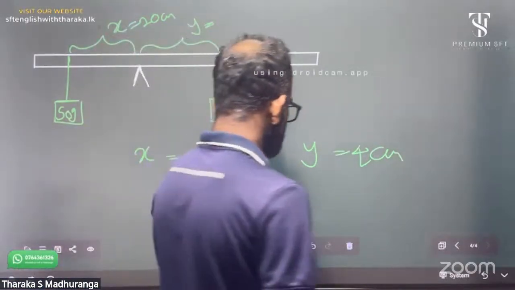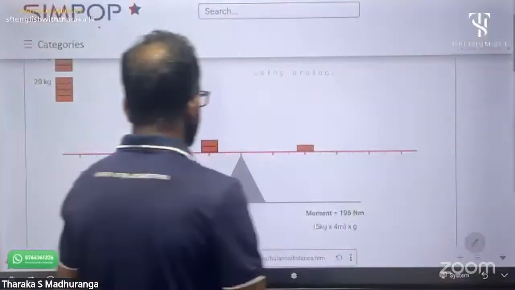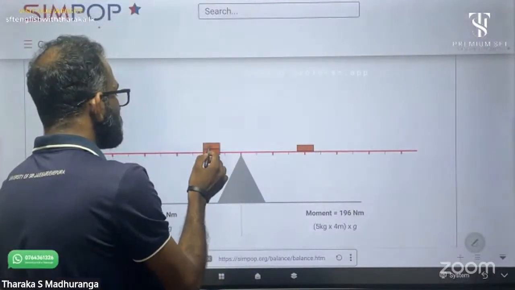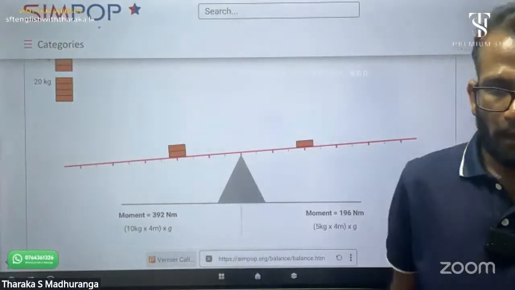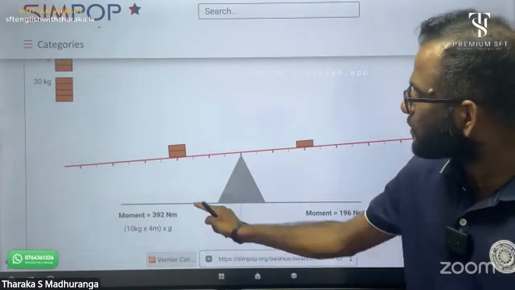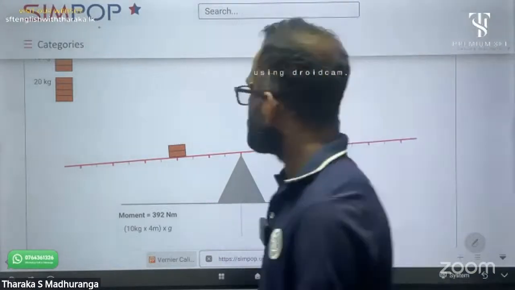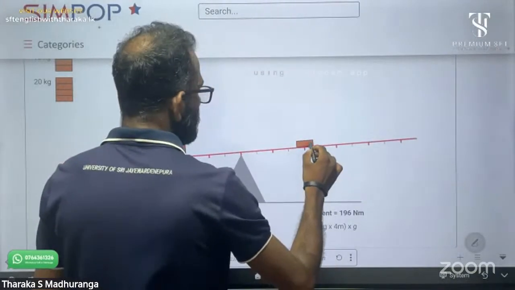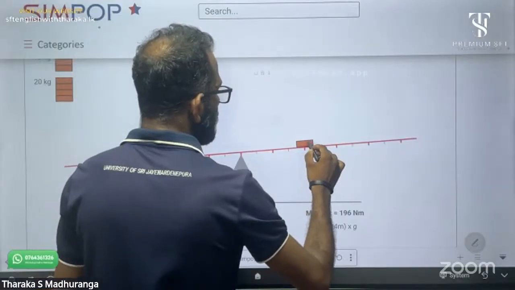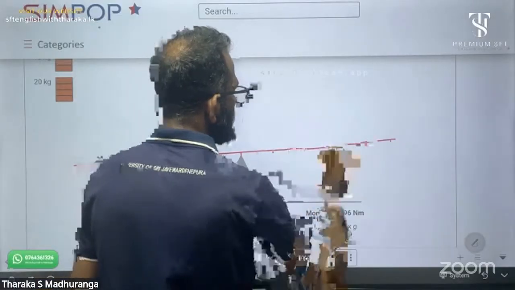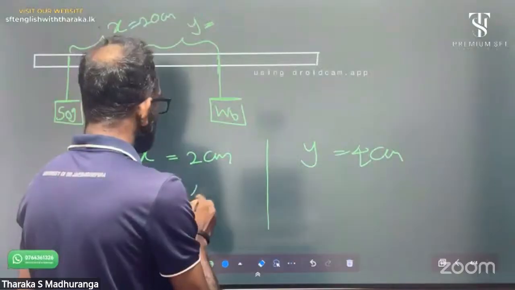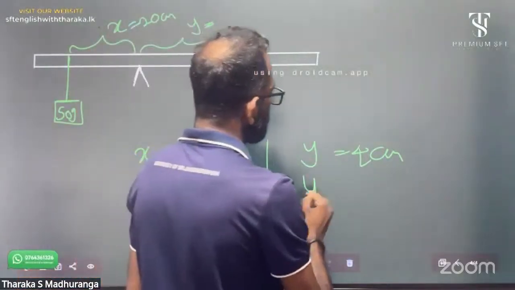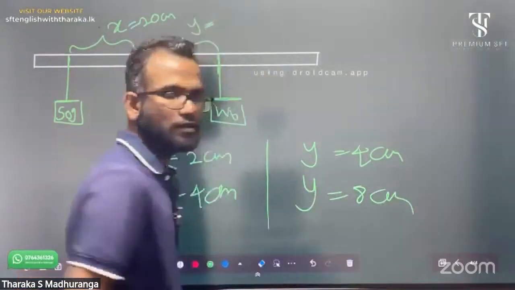Now increase the x distance up to 4 centimeter. Now we have to move the mass this way until balance. Now balance. Now it is 8. So x is 4 centimeter and y should be 8 centimeter, right?